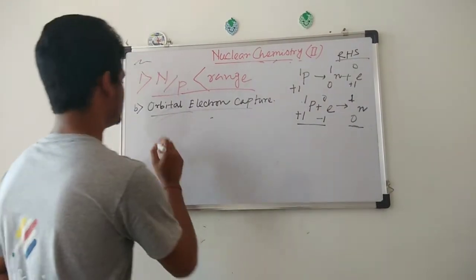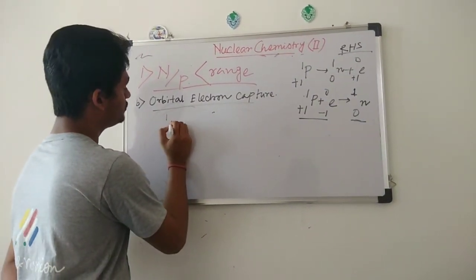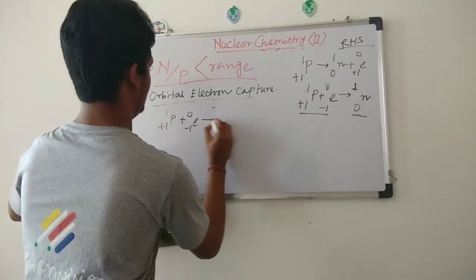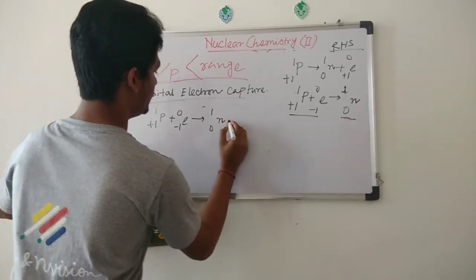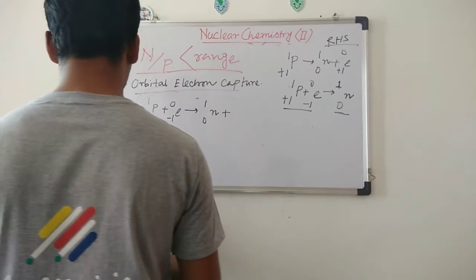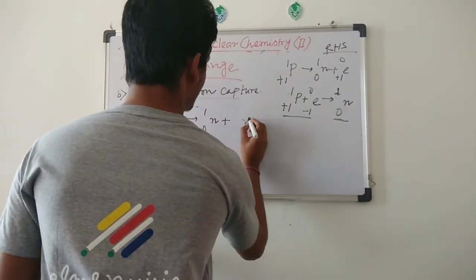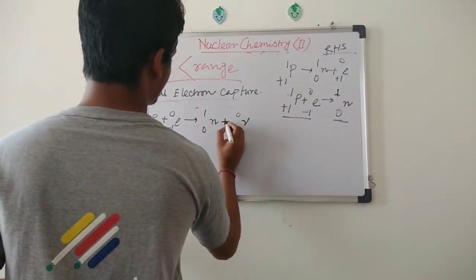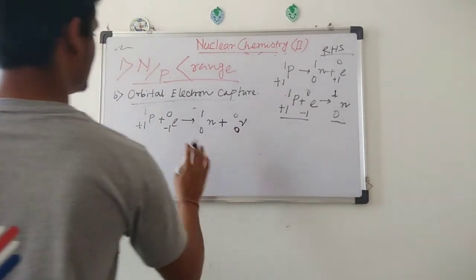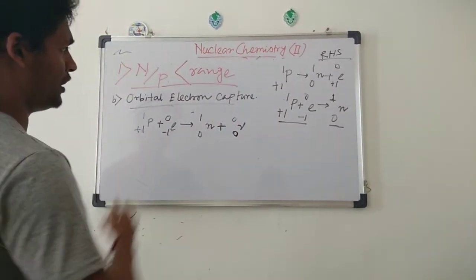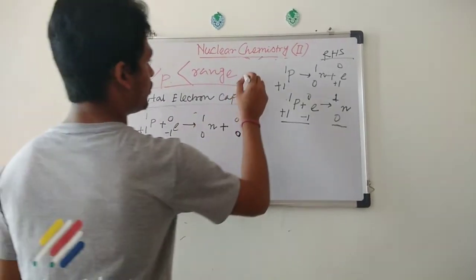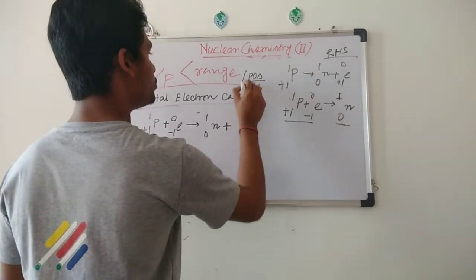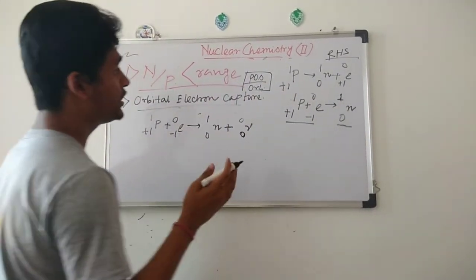I'll write it again: one proton takes one electron and gives a neutron, and to balance everything it needs one more particle, a neutrino. So whenever a neutron is coming, there is a positron and there is orbital electron capture. The two are almost the same, but I told you the positron has a higher energy requirement.